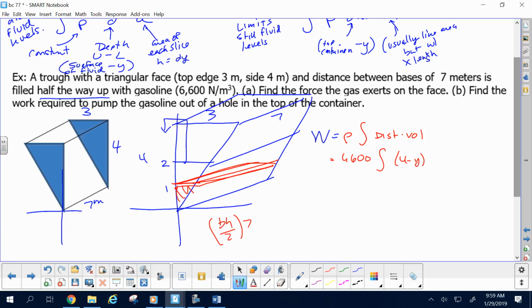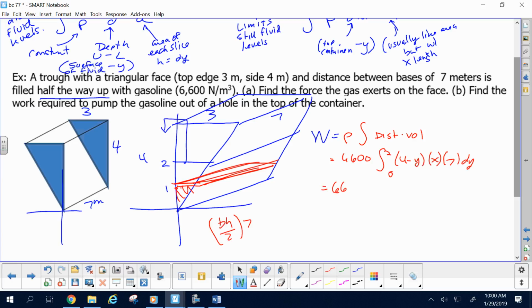All right. So the width, constant or varying? Varying. 1x or 2x? 1x. There's no symmetry to this, so it's just 1x. The length, 7, and the height, dy. All right. Limits of integration, 0 to 2.